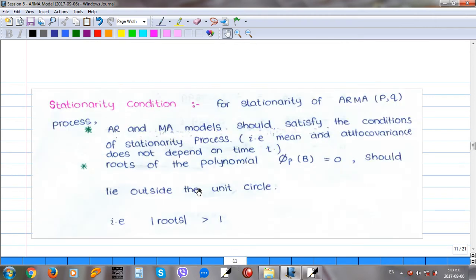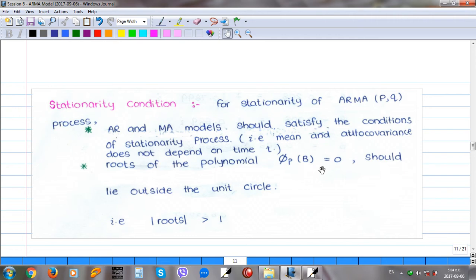The next one is the stationarity condition. For the stationarity of an ARMA(p,q) process, the AR and MA models should satisfy the conditions of a stationary process. You know the conditions to determine whether a process is stationary or not: the mean and covariance do not depend on time t. So the roots of the polynomial phi p(B) equals 0.